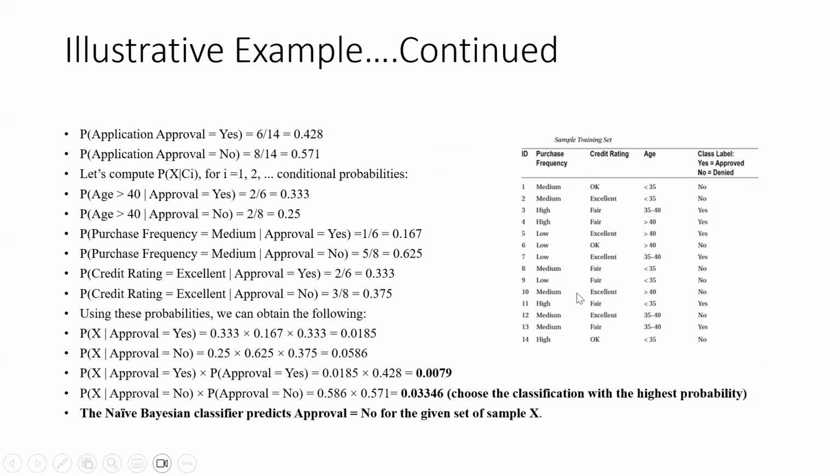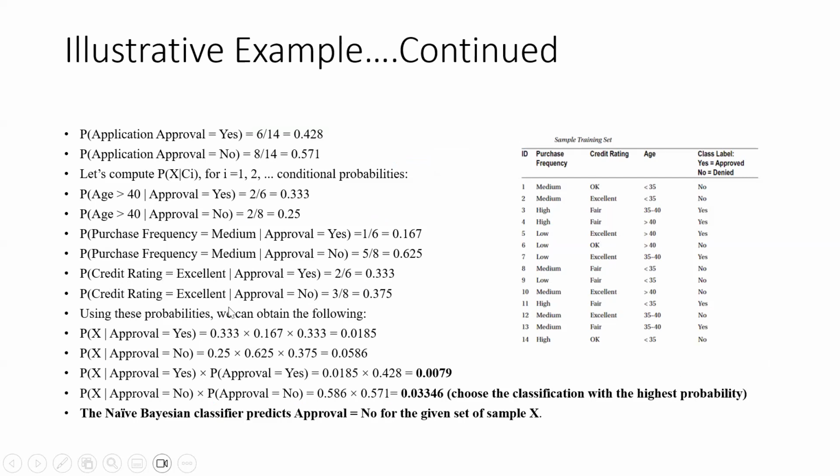Here too we check approval yes is 6. How many excellents go with it? 5 and 7. So that is 2, isn't it? So that will give us 2 over 6, which gives us a probability of 0.33.